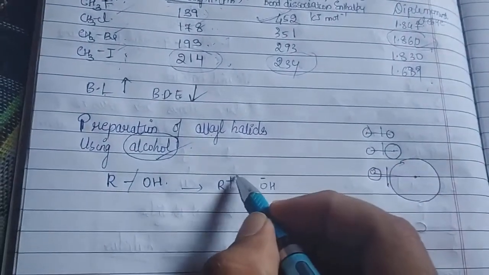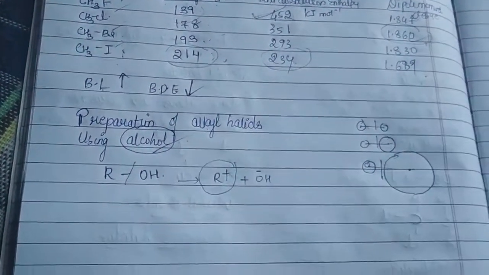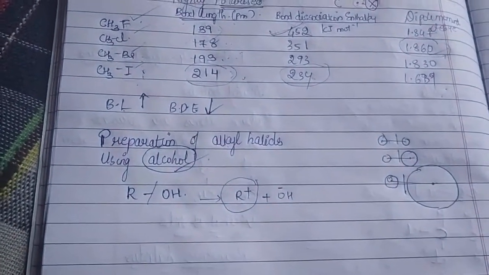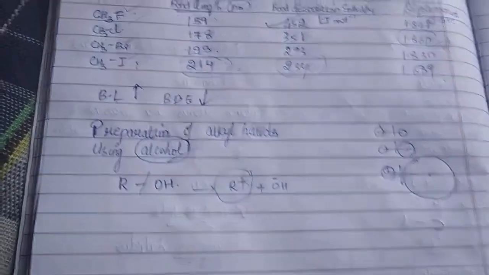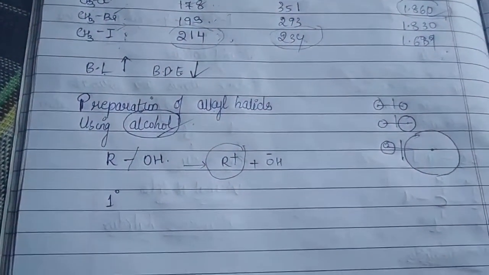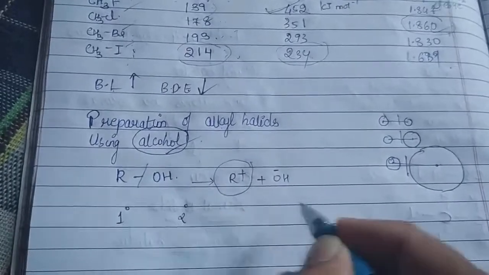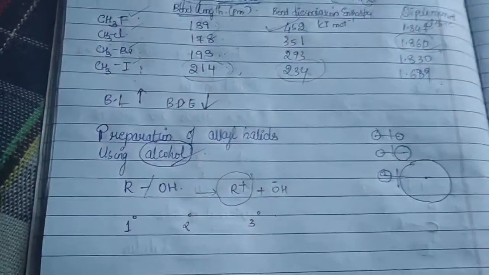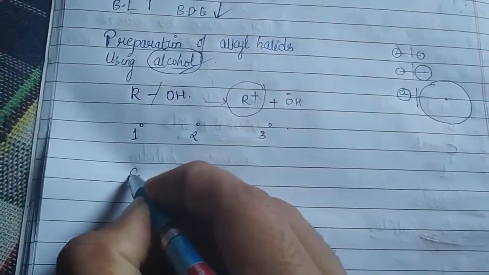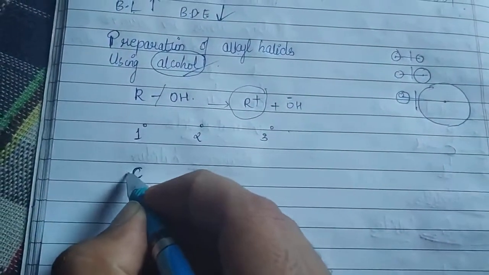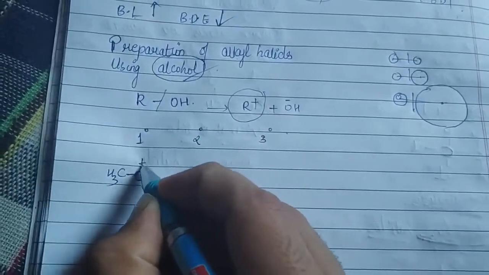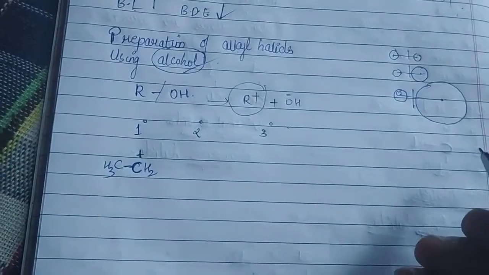Whenever we get this R plus, it should come to your mind that it's a carbocation. We know that there are three types of carbocations: the primary carbocation, the secondary carbocation, and the tertiary carbocation. For example, this is a primary carbocation.